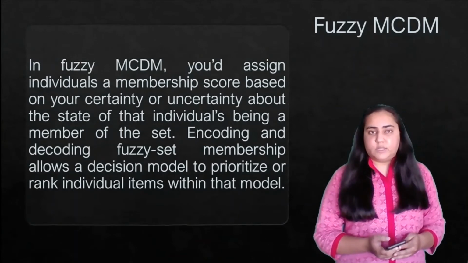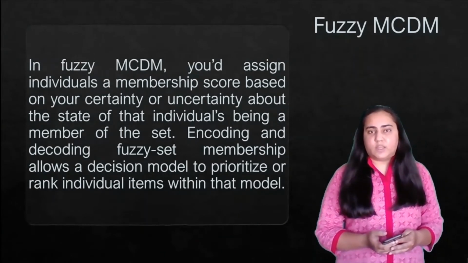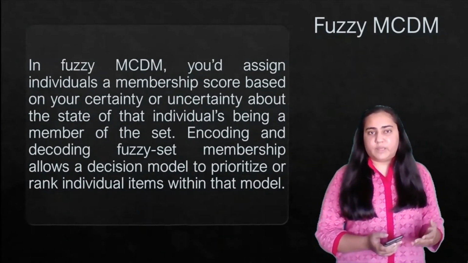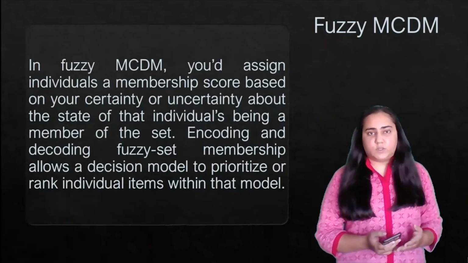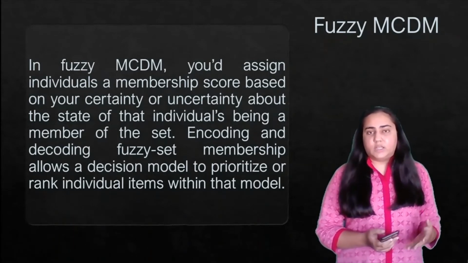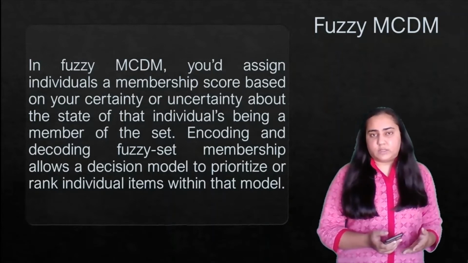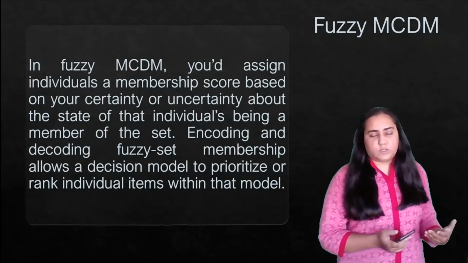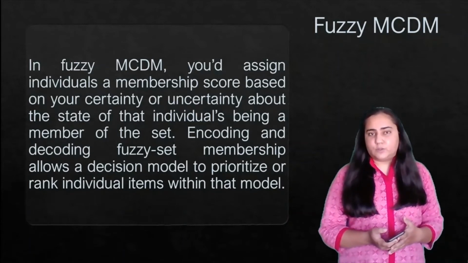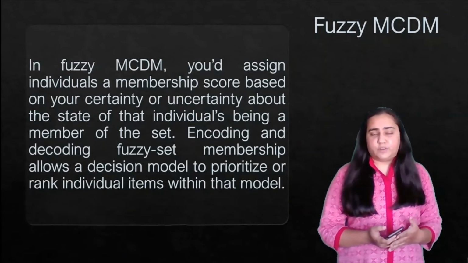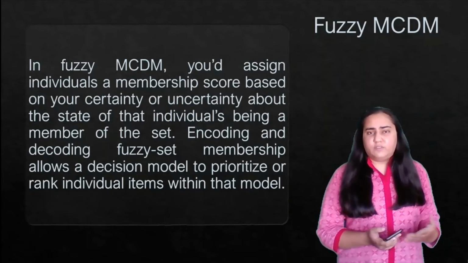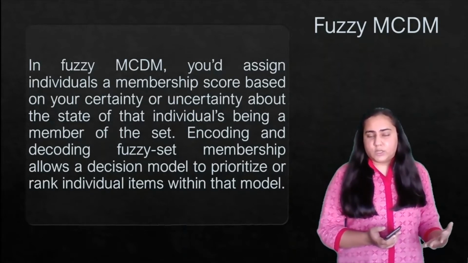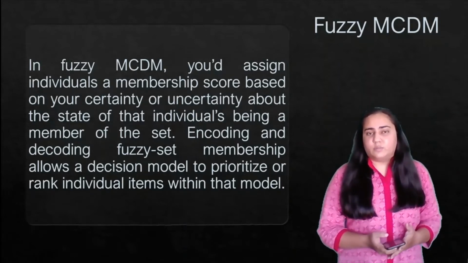In fuzzy MCDM, you'd assign individuals a membership score based on your certainty or uncertainty about the state of that individual being a member of the set. So you are assigning a score based on your certainty or uncertainty. Sometimes it's not easy to say for sure if something is certain, or even say for sure that something is uncertain. So a score of 0 and 1 does not make sense.